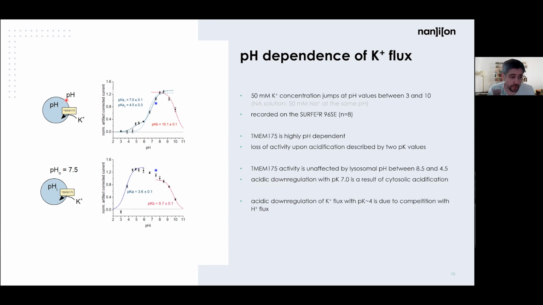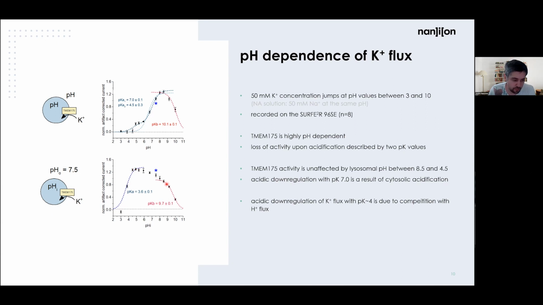So in the next step, we wanted to figure out where this downregulation comes from. Is it the internal or the external pH? And therefore, we carried out a similar experiment, but we kept the external pH at 7.5, and we only changed the internal pH. And here you can see the curve that comes out from this type of experiment.